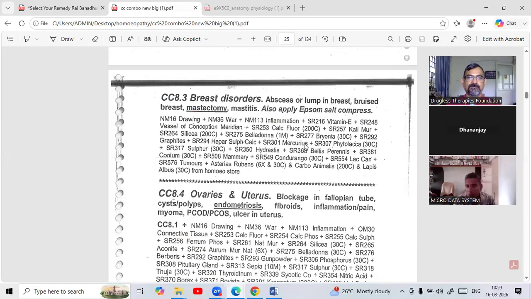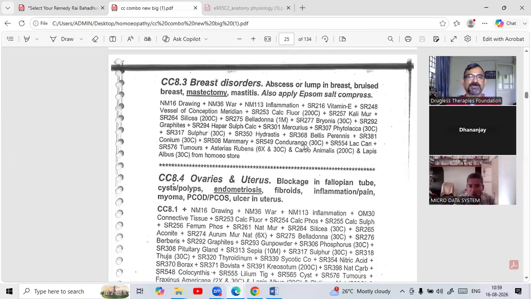And breast disorders are addressed by 8.3. I was telling you how we can give spiritual support through our Vibrionics. Like if someone is having breast cancer, 2.1 is cancer, 2.3 is glandular cancer, and 8.3 is breast cancer.